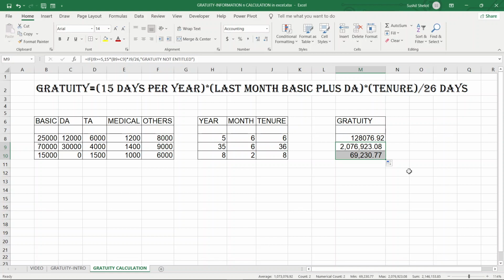But I'll expect you to do this exercise on your own by adding certain example values and practicing it yourself. After you are certain that you can do this activity on your own, do it for yourself and check out what gratuity you are entitled to as per your service tenure as on date.